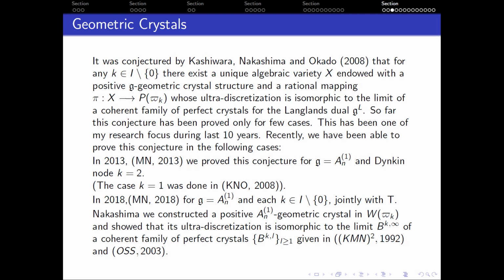And then the natural question is how to do it for arbitrary k. As you can see, it took us more than 5 years to actually prove it for arbitrary k, because the combinatorics becomes so complex that you don't know how to prove it.